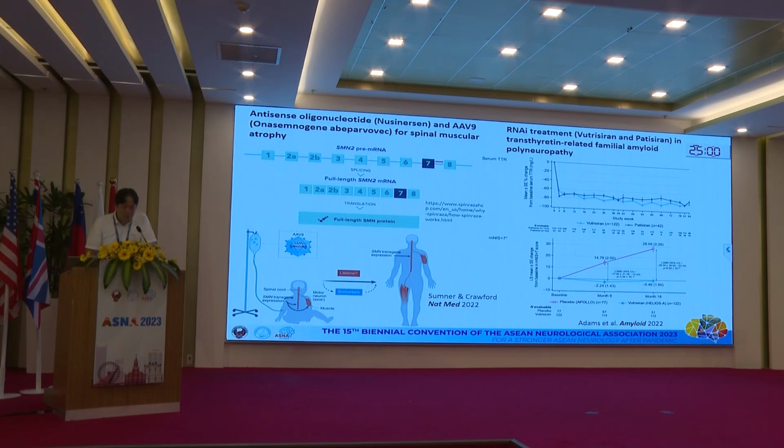The RNAi treatments vutrisiran and patisiran for transthyretin-related familial amyloid polyneuropathy have also been approved in Japan, which stop the progression of these diseases.